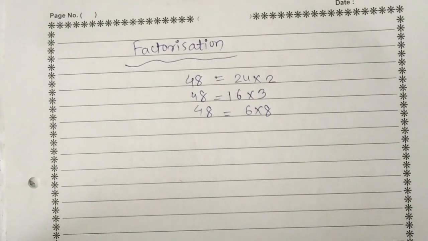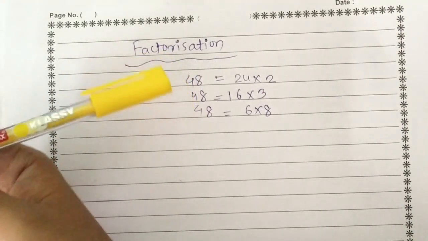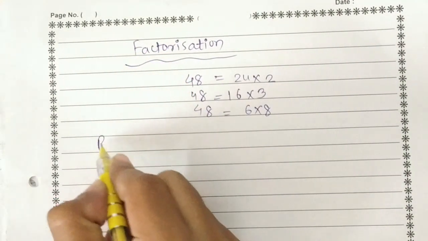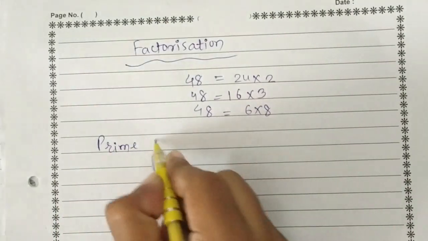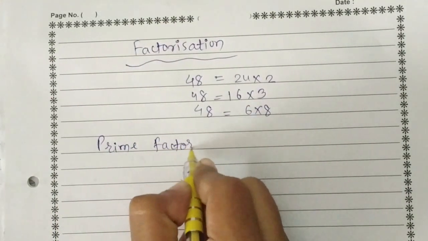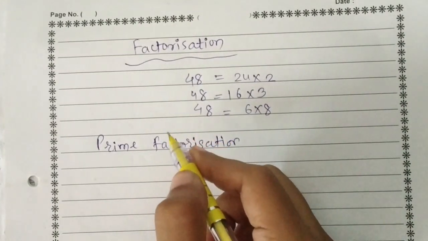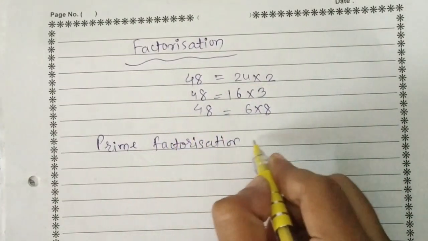We know what prime numbers are: the numbers which are divisible only by 1 and itself. So we will represent this 48 in terms of prime factors. So we have prime factorization, where the factors are prime numbers.